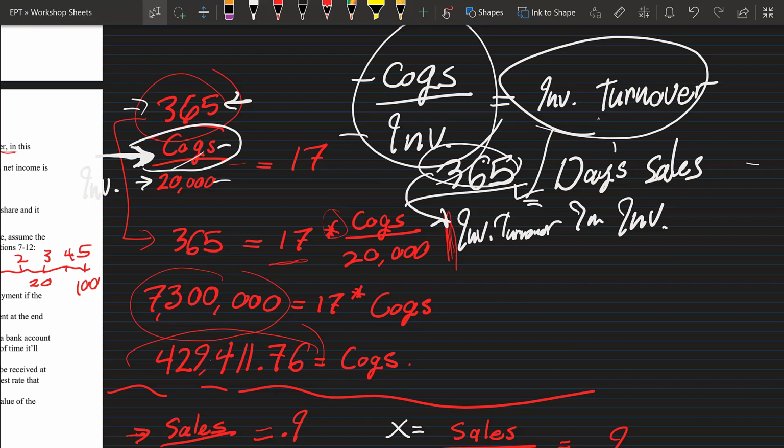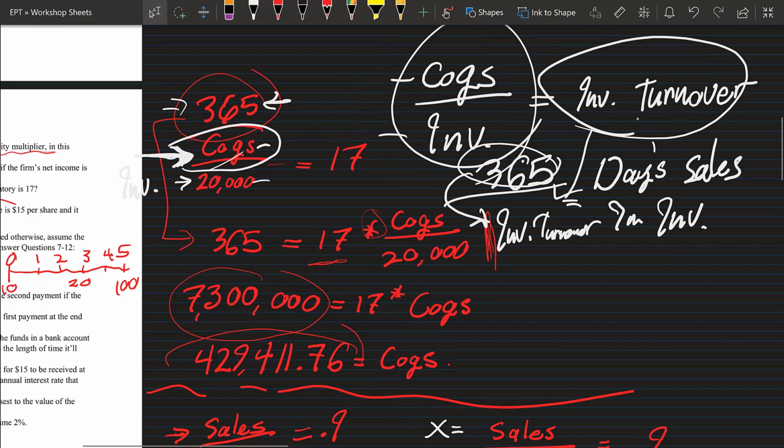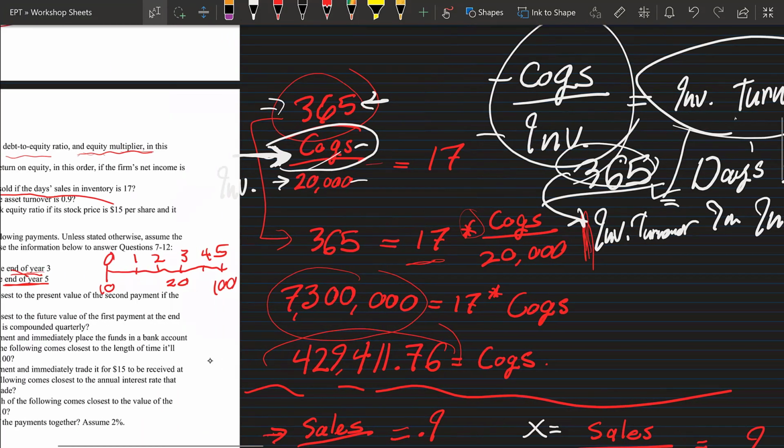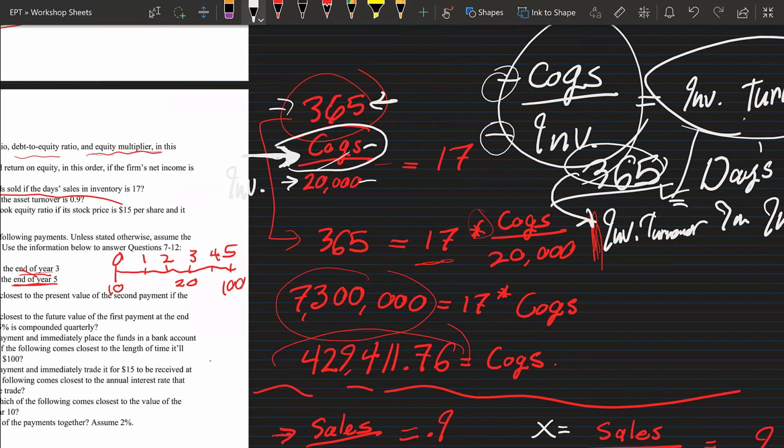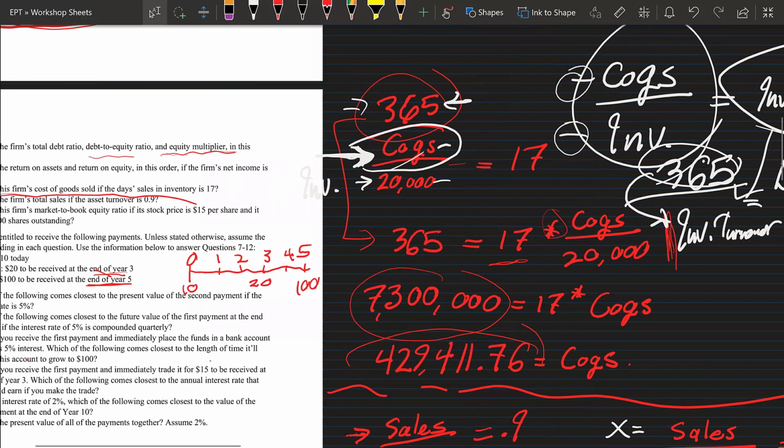Days in sales is 365 over the inventory turnover ratio, which is cost of goods sold over inventory. Cost of goods sold, we don't know yet. We know the days sales in inventory is 17.